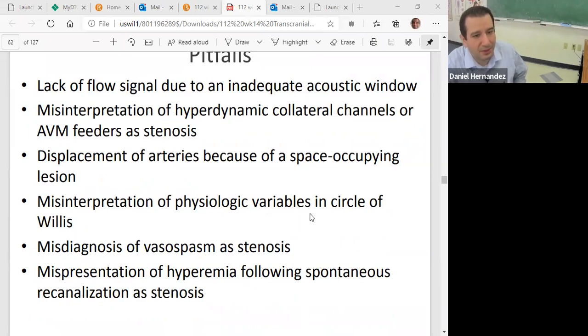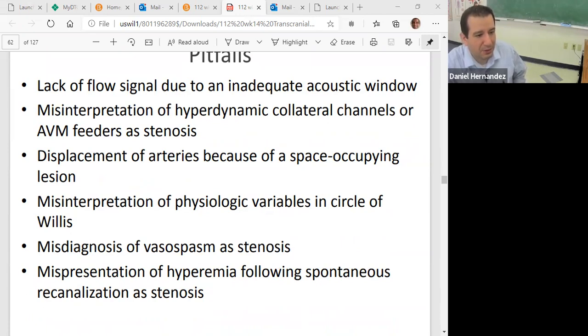Misrepresentation of physiologic variables in the circle of Willis. We could have misdiagnosis of vasospasm as a stenosis, or misrepresentation of hyperemia following spontaneous recanalization of stenosis.